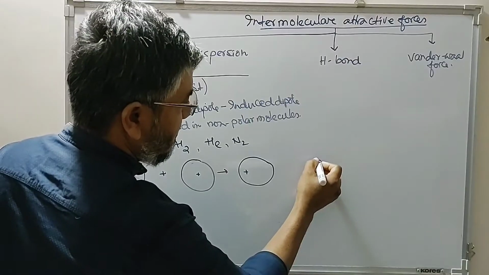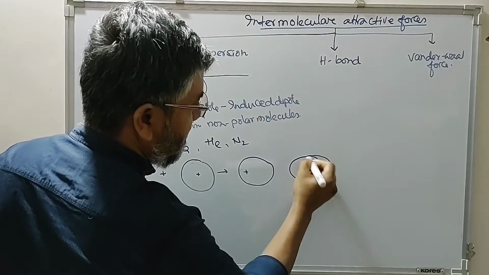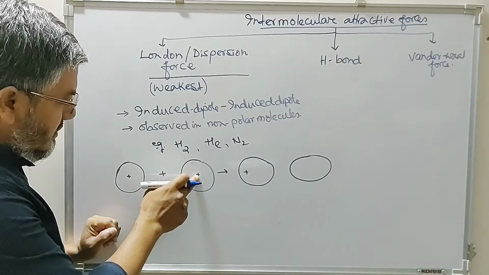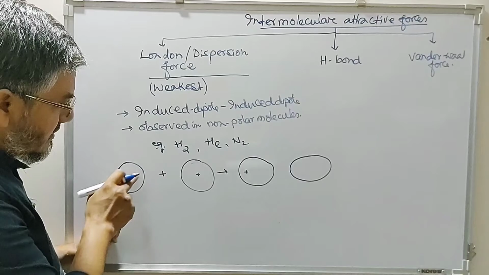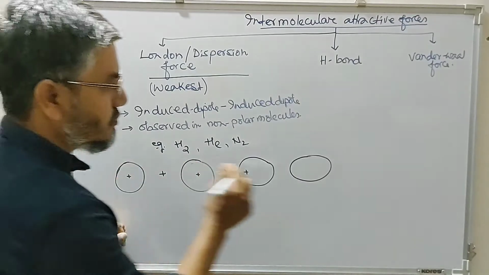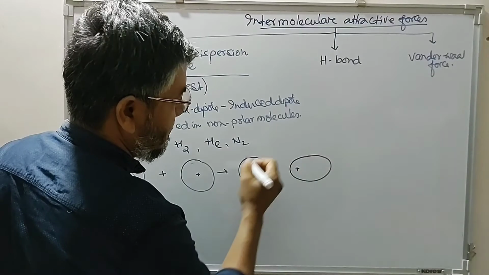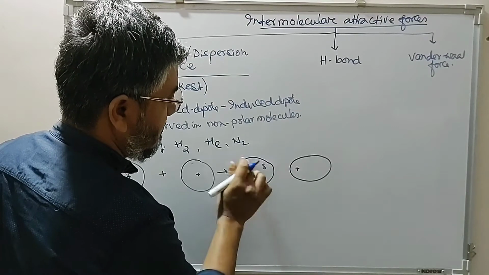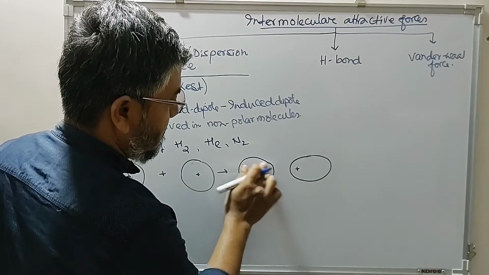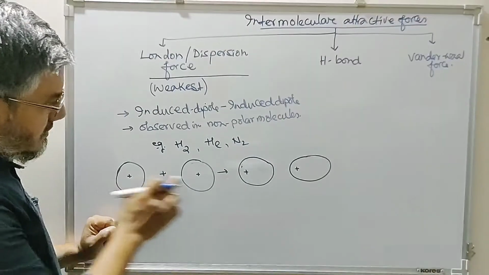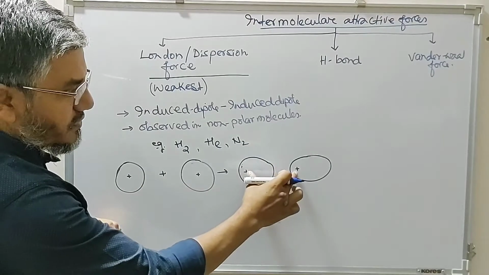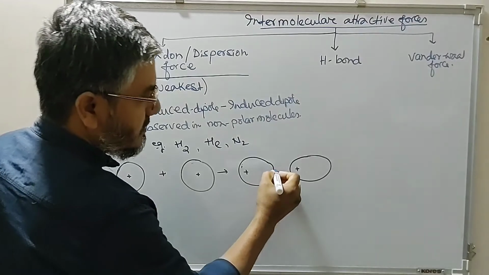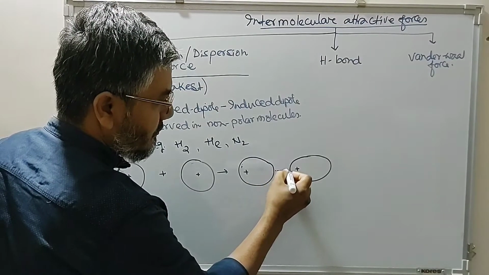Similarly, this nucleus repels this nucleus, whereas this attracts the electrons. So therefore we have nucleus repulsion and electron-nucleus attraction, and because of this there is an attractive force.